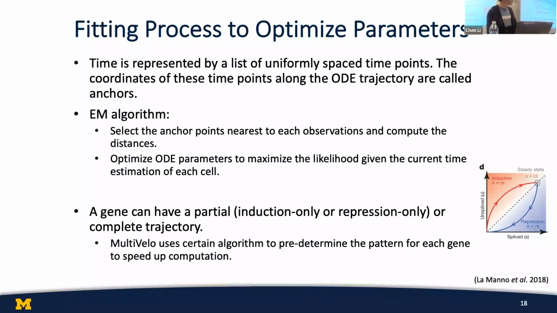So these two values need to be inferred step by step and simultaneously. We choose EM, the expectation maximization algorithm, to iteratively optimize the rate parameters and the time assignments.